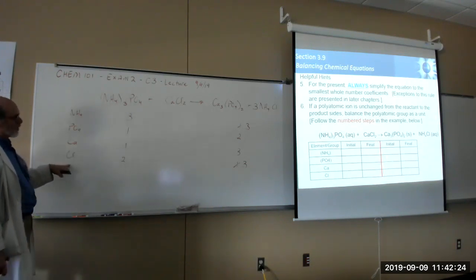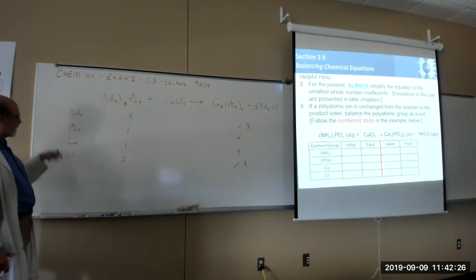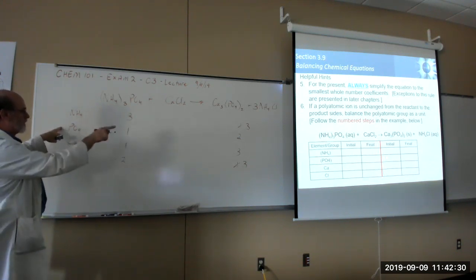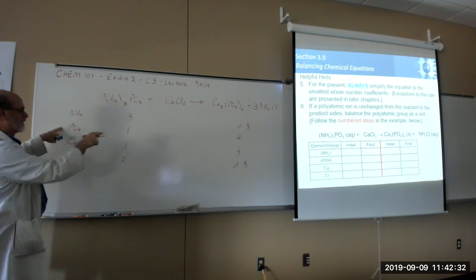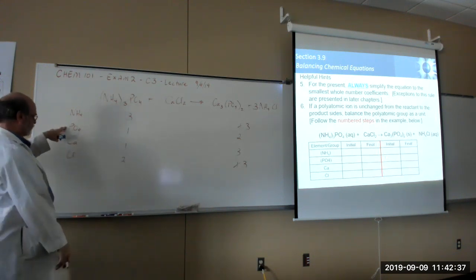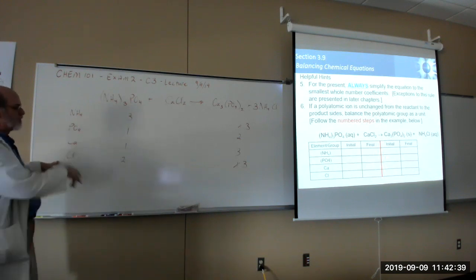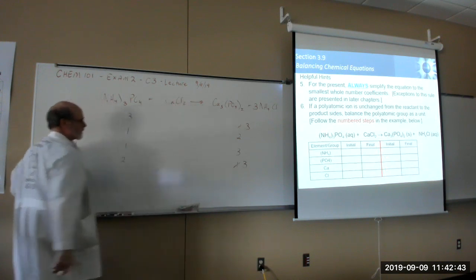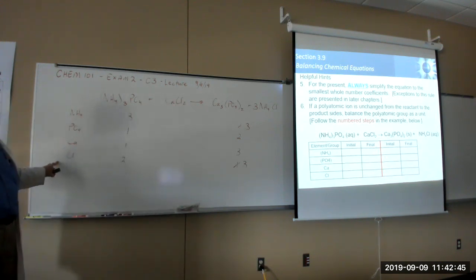We could go in and tackle chlorine right away, but I think we should go to phosphate next. We got 2 phosphates there. Well, that really doesn't matter. Well, okay, let's go to chlorine. We changed chlorine to 3, so we can't change that one to 3, not unless we use a fraction.